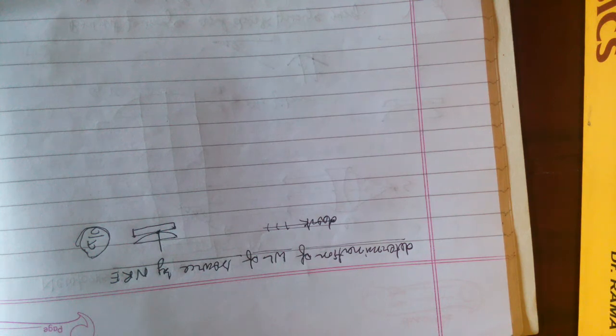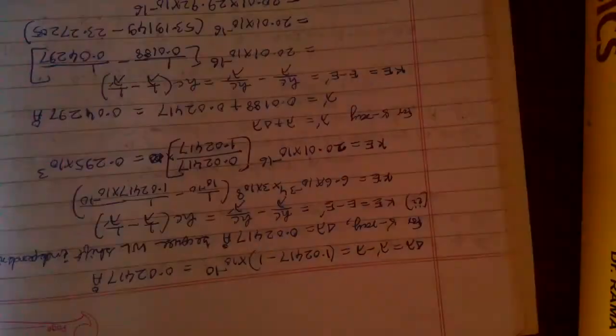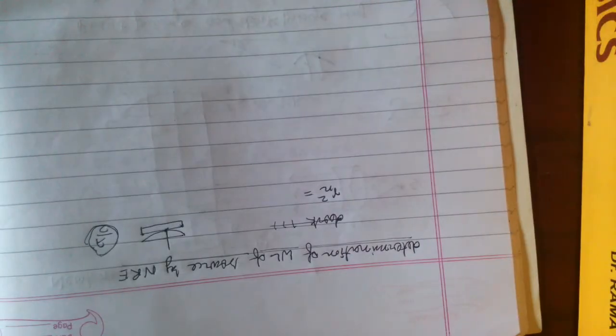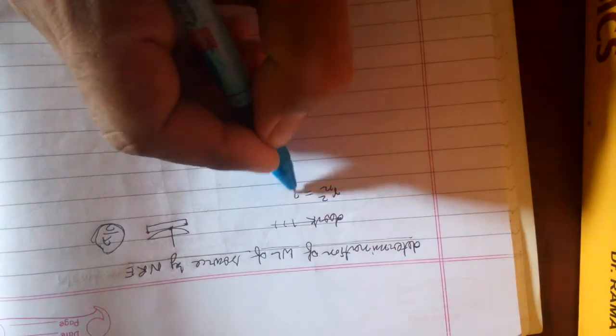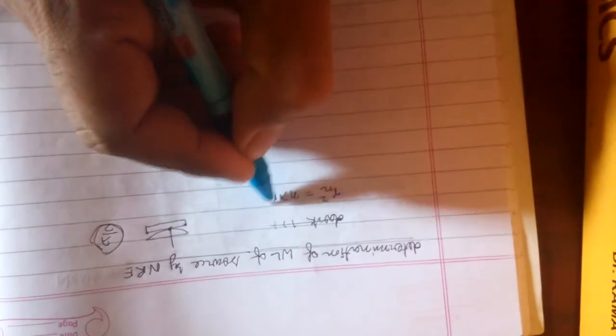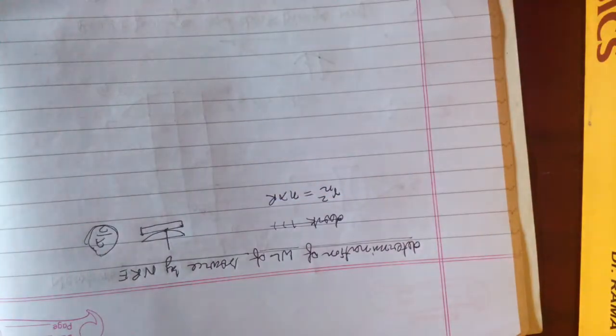So for dark rings, in the earlier class we got this expression for the radius. For the nth dark ring, the radius r_n square is equal to n lambda R. Okay, this is the expression for the nth dark ring.